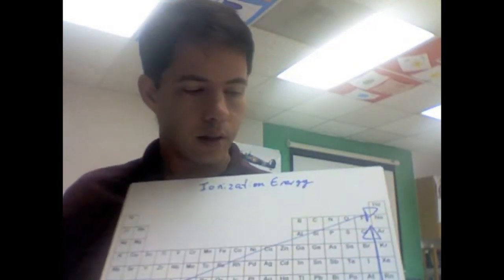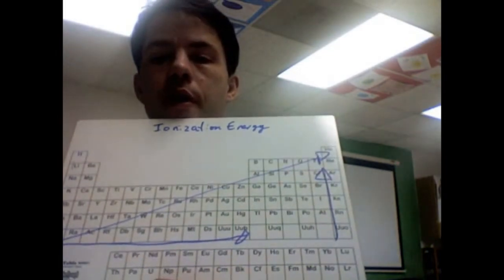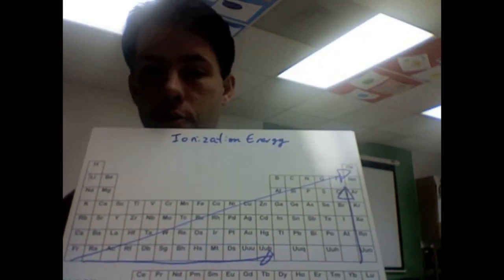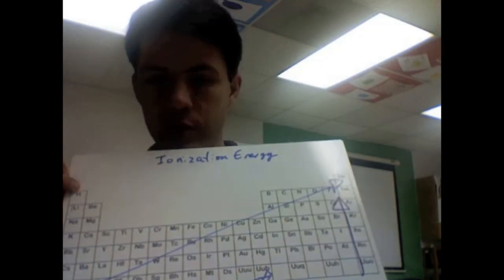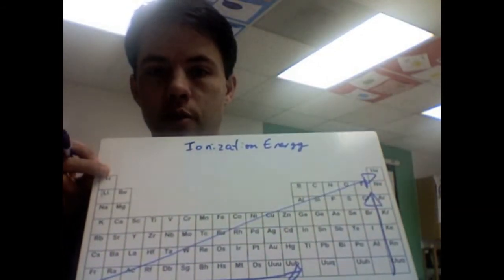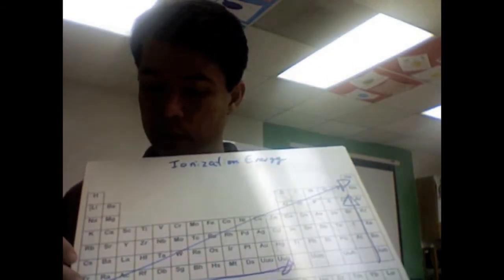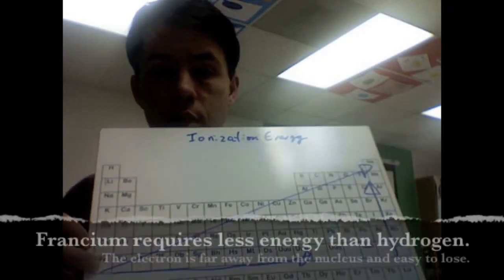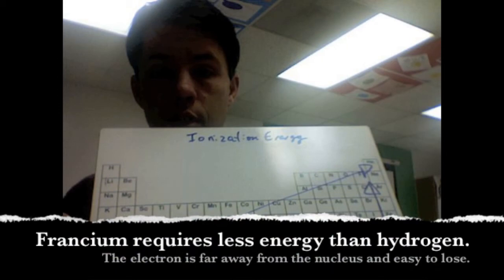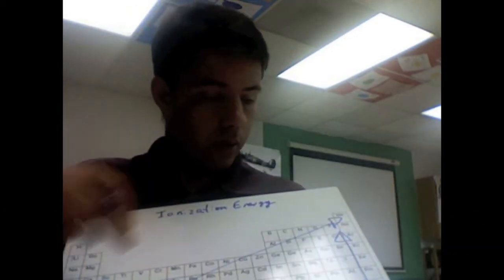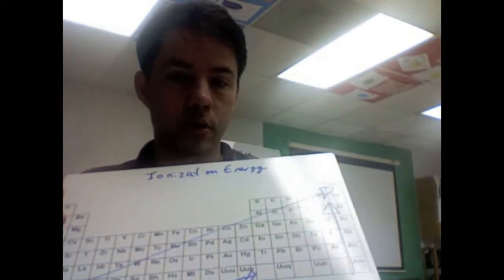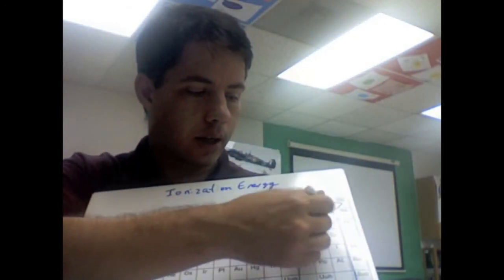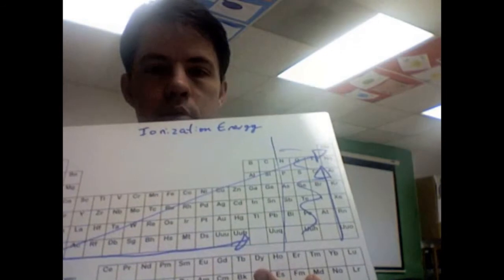Okay? Now let's think about why that is. If ionization energy is how much energy it takes to get rid of electrons, is it going to take very much energy to get rid of hydrogen's 1 electron? No. Is it going to take more energy to get rid of francium's electrons? As we get up here, do these guys over here want to get rid of electrons?